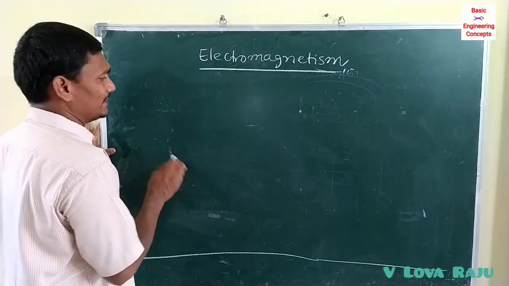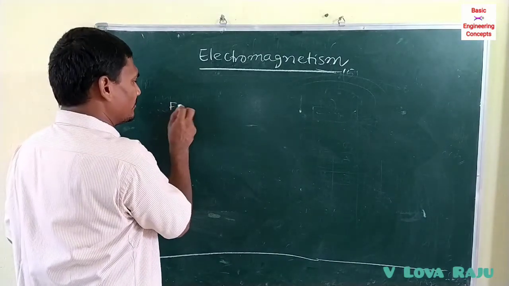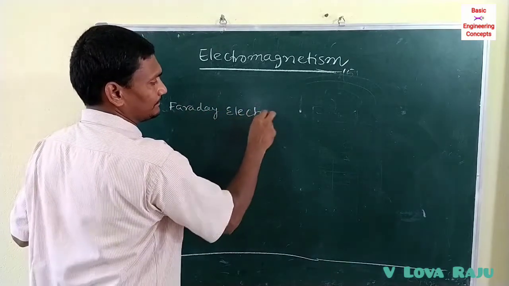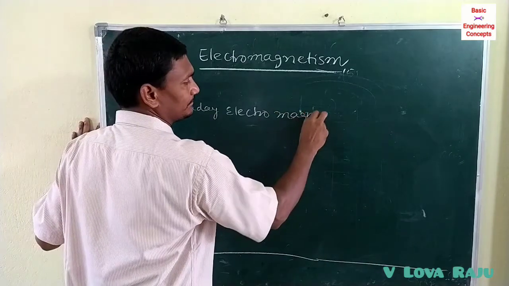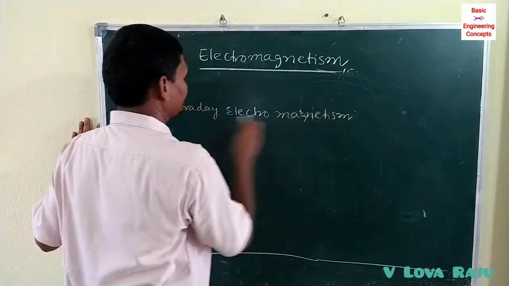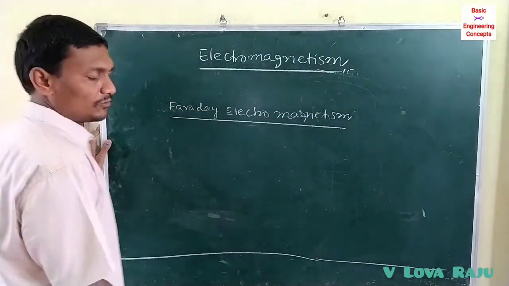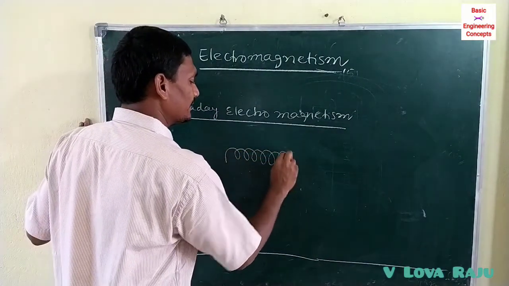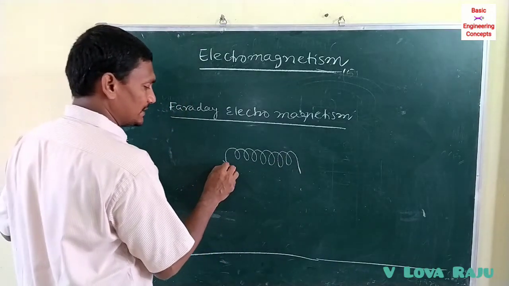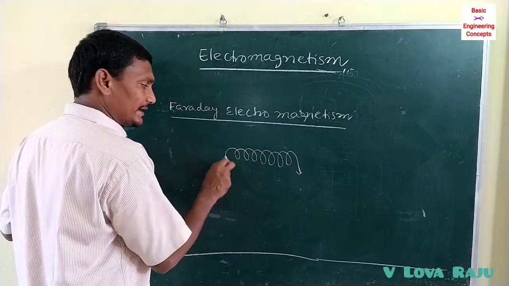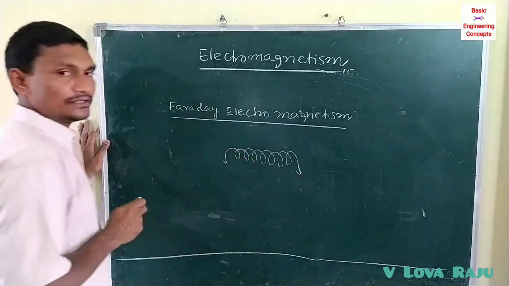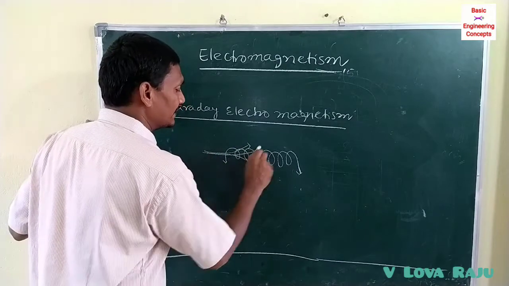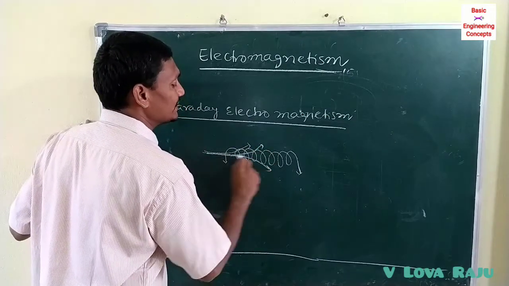Okay, what is Faraday's electromagnetic induction? If a coil is subjected to an external magnetic field, whenever the magnetic flux linked with the coil changes, an EMF or current is induced in that coil.